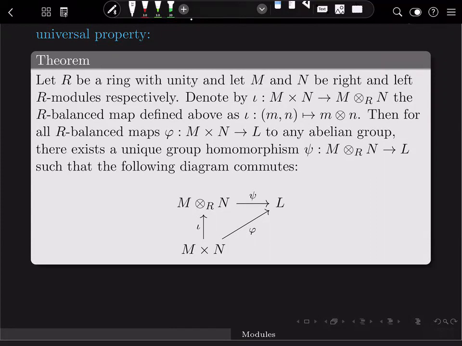We know that that's an R balanced map as we've shown before. Then for all R balanced maps phi from M cross N to L, any abelian group, there exists a group homomorphism from M tensored over R with N into L such that the following diagram commutes.